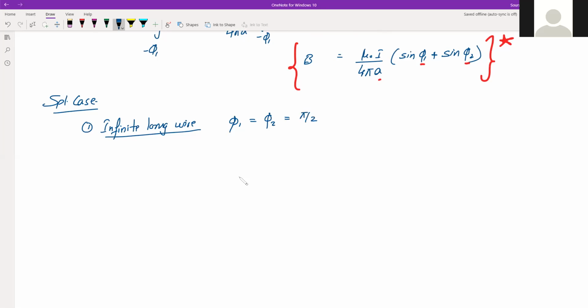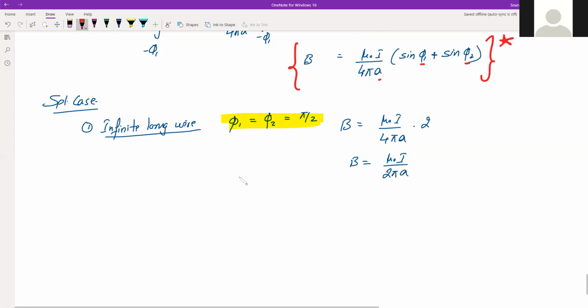That is the infinitely long wire case, and you just substitute that there. So in that case, this B will become mu naught I divided by 4 pi a into 2, which is equal to mu naught I divided by 2 pi a. This is a very important case, and this is the expression we will be using again and again, right?